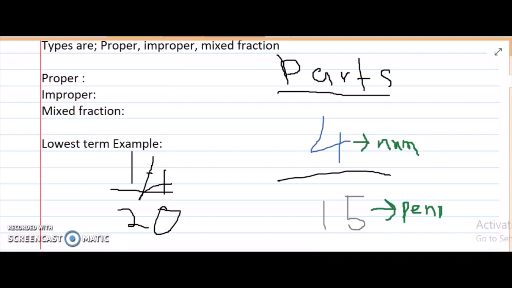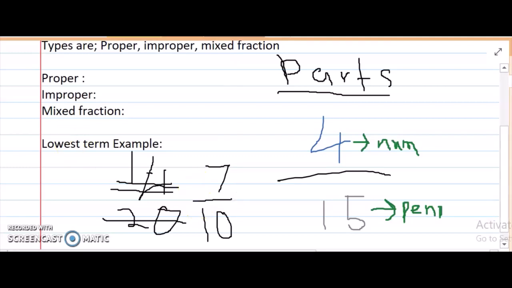Now 14 and 20 are even numbers, so that means 2 can go into them both at the same time. So 2 in here, that's 10. 2 in here, that's 7. So now there's no other number that can go into them both at the same time. So therefore reducing to lowest term is this.